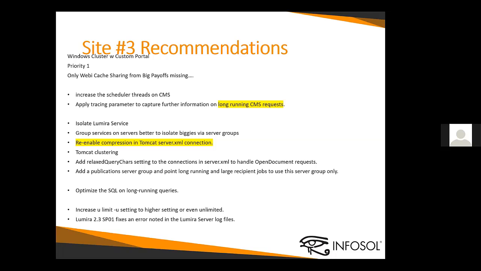So that's one of those things about the way the service works: even though it's not using that memory, it's holding it. And so SAP recommends, and therefore we recommended, that you isolate your Lumira service away from the other services.